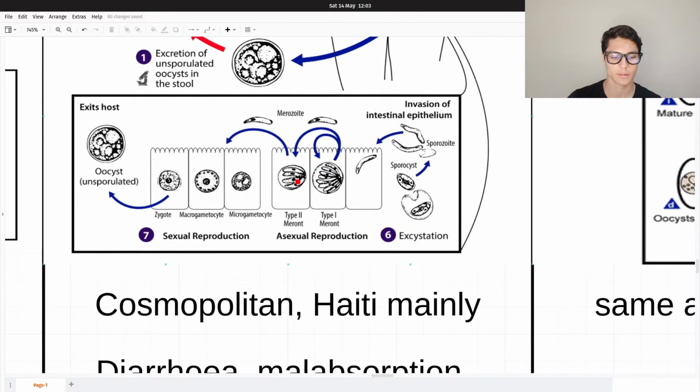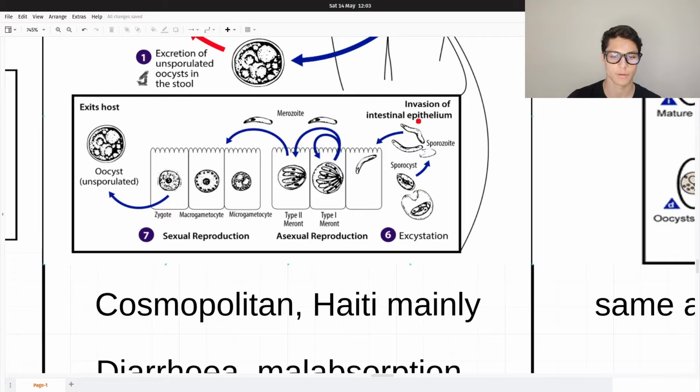And inside, they will do the excystation, which means they are going to release the sporocysts that will release the sporozoites. The sporozoites will attack the cells because they are invasive.